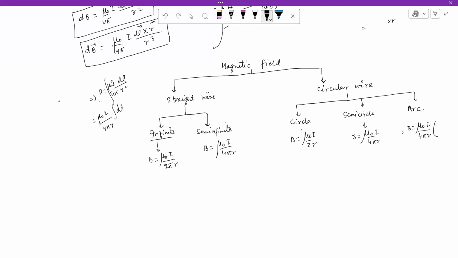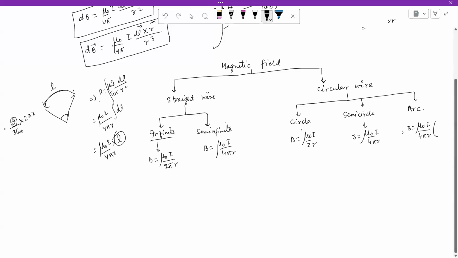But for an arc, this would be this length. Let's say this is L, the arc length. So this would be mu naught I by 4 pi r square, and then this L. And how do you calculate the arc length? Arc length is theta by 360 into 2 pi r.